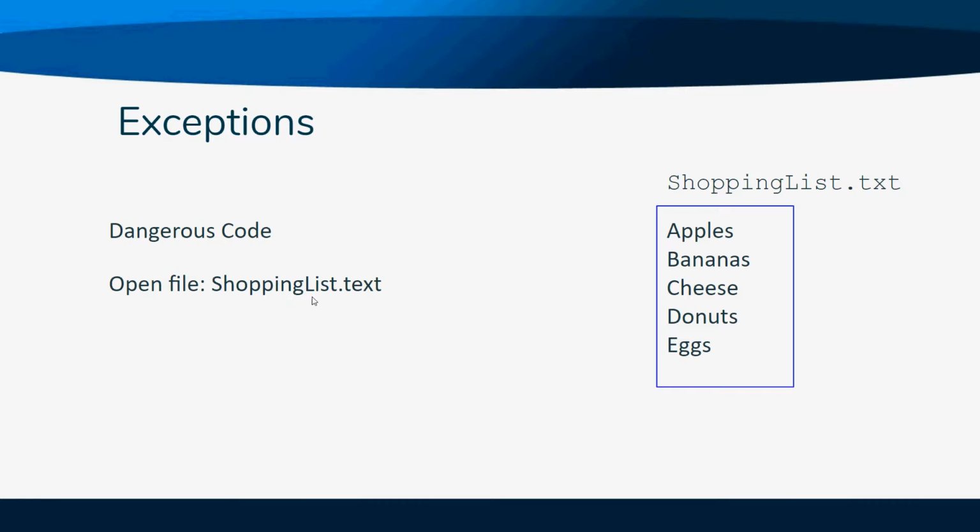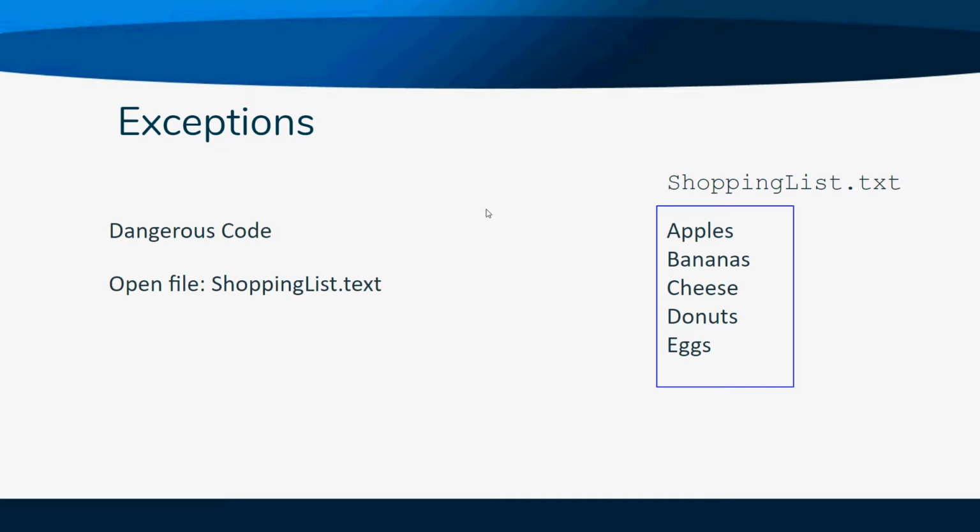Suppose the file that your code was opening was called shoppinglist.text, and the file name on your computer was called shoppinglist.txt. See how there's a slight discrepancy in these two files with that E here and missing over here? It doesn't matter which you name it, this is probably preferred over here with the TXT.